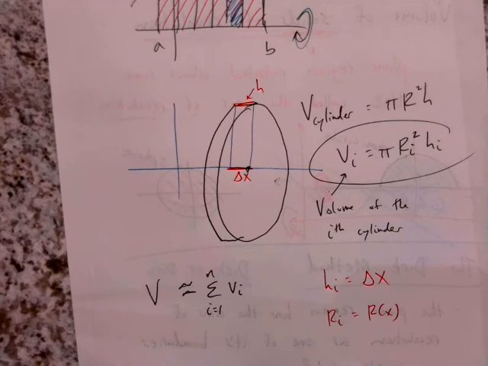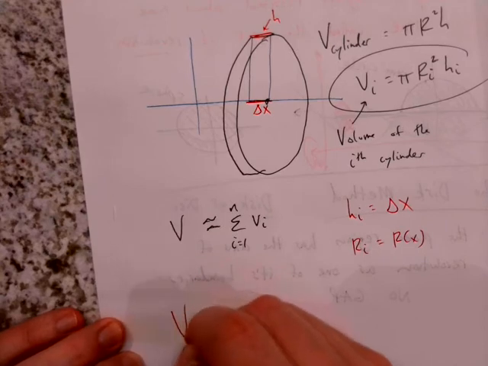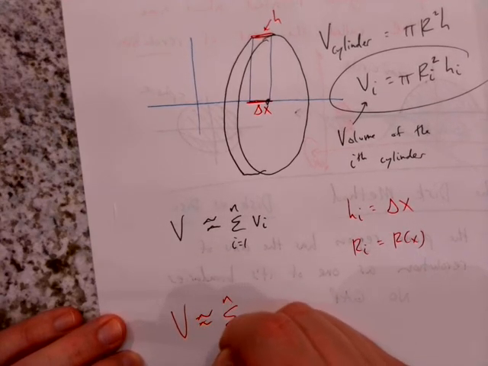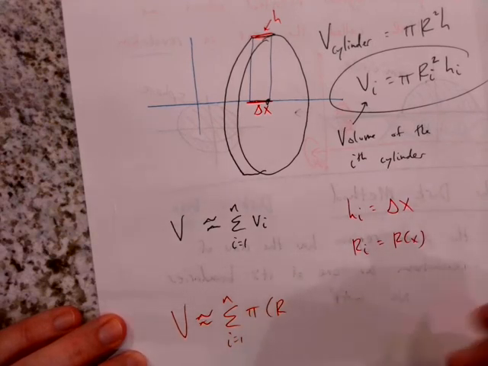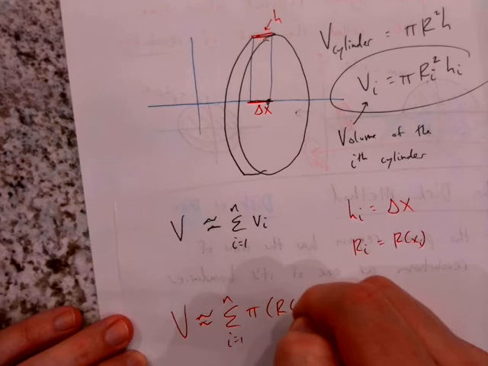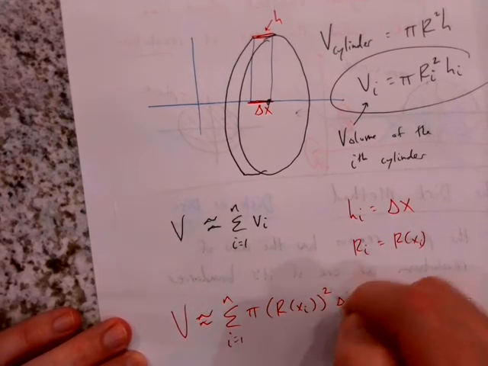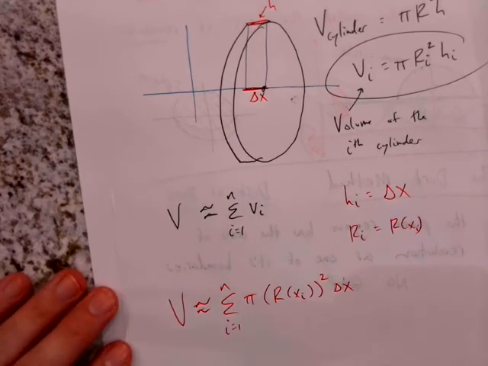So whatever the radius is, it's a function of x, which means that our true volume is approximately the sum from 1 to n of pi R of x sub i squared times delta x, because you're adding up all those cylinders.